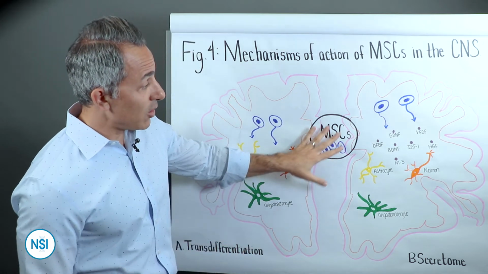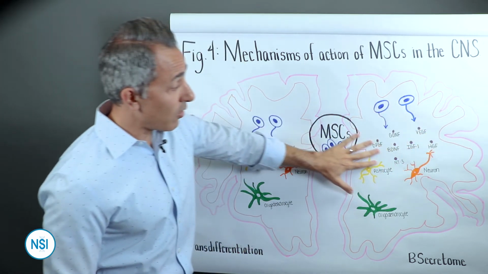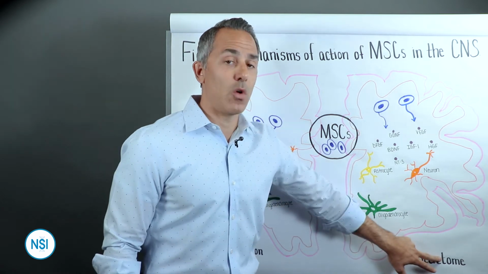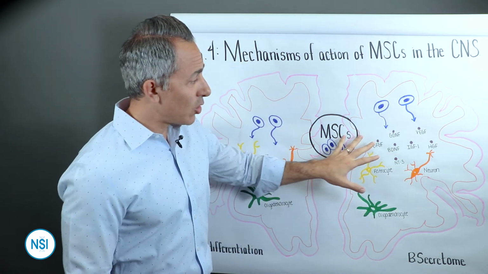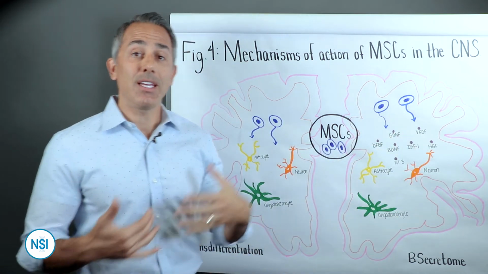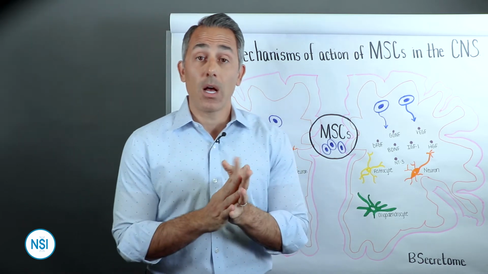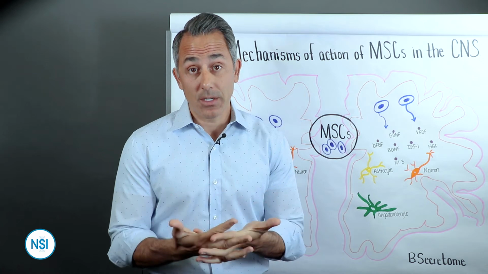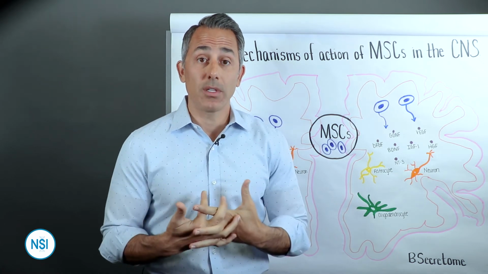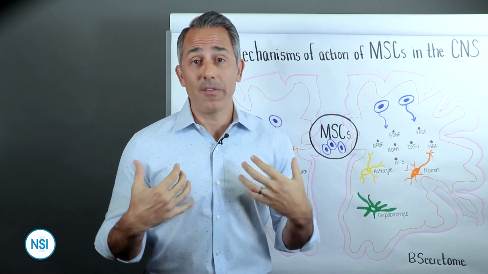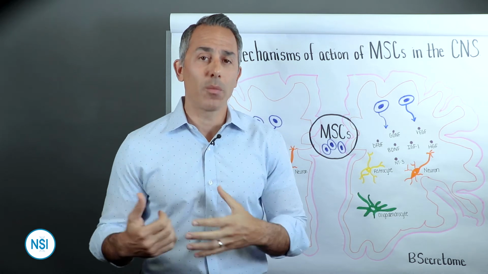But MSCs can also secrete specific growth factors, and we call that a secretome. They can secrete growth factors that aid in the healing of those tissues. So for those individuals who suffer from a paralysis type condition, we now have a solution that can aid in the healing of that individual, and it comes in the form of stem cell therapy.